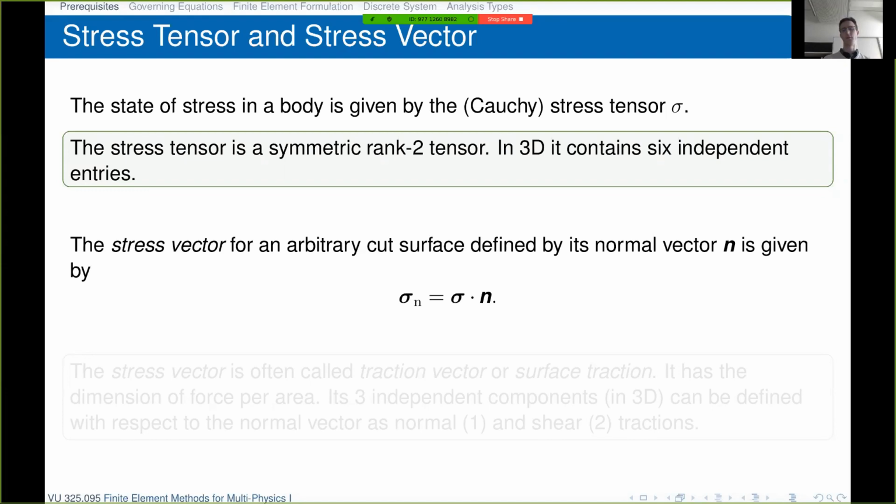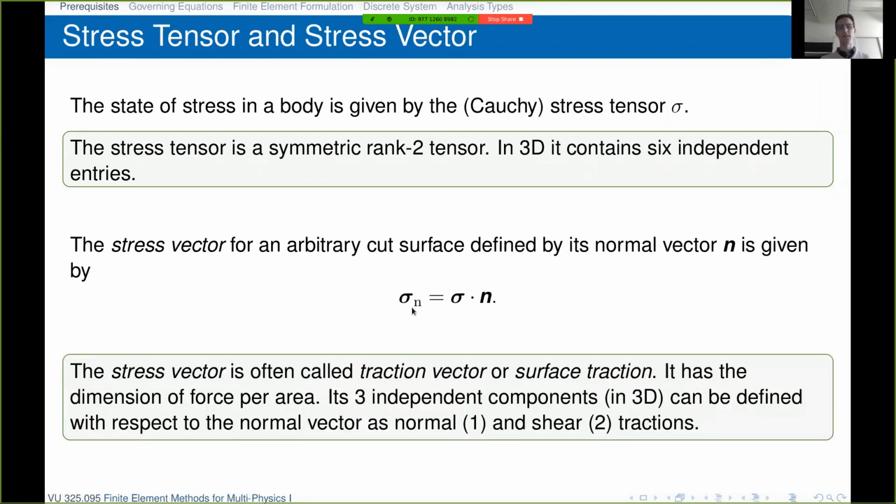So if we do an imaginary cut in the body, there will be inner forces that are then seen as outer forces, so as a surface traction, and this can be computed by the inner product of the stress tensor and the normal vector of the surface. This gives us our traction vector sigma n.